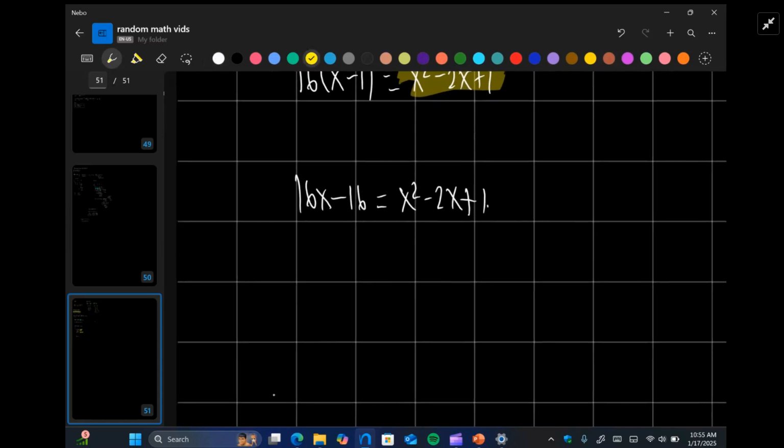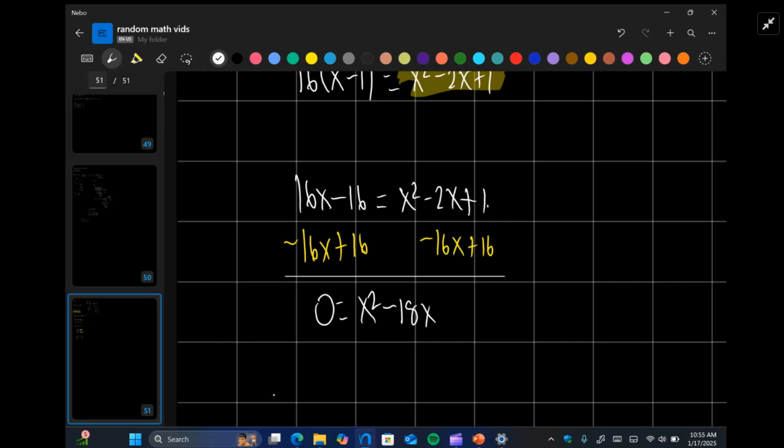And then we're going to subtract 16x and add 16 to cancel it out, because we need to make it equal to 0. Anytime we do a quadratic, in these cases, we can make it equal to 0 and then factor, right? So then we have 0 equals x squared minus 18x plus 17.